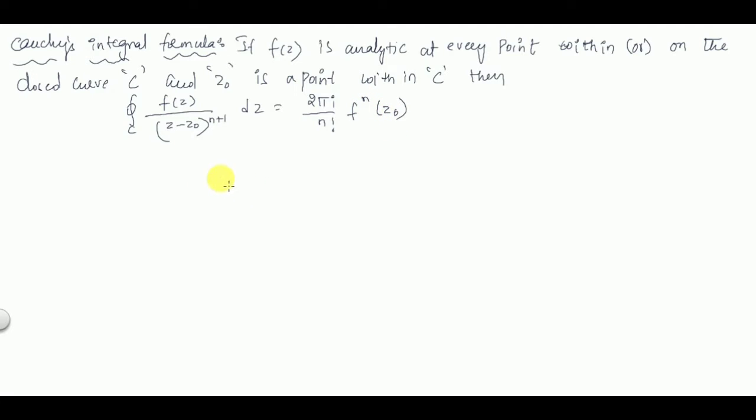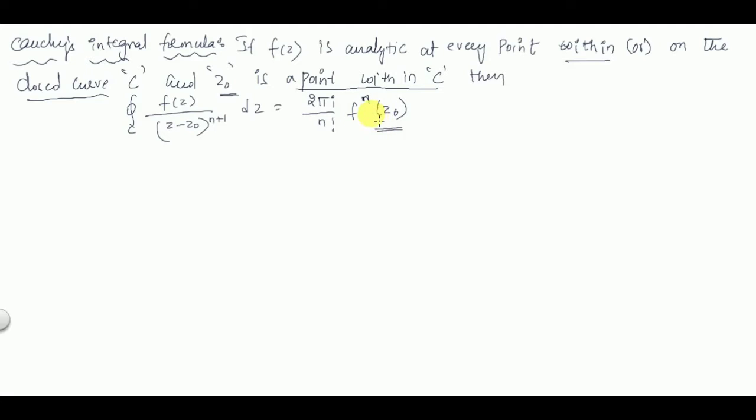Okay, so this is the integral formula. If f of z is analytic at every point within or on the closed curve C and z0 is any point within the closed contour C, then integral of f of z by (z minus z0) whole to the power of n plus 1 dz is equal to 2 pi i by n factorial into f power n of z0.